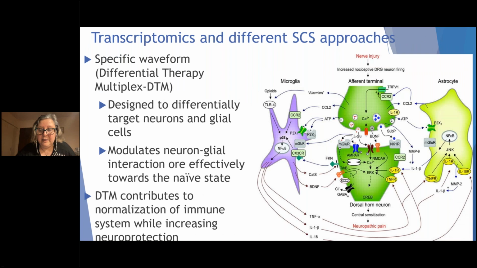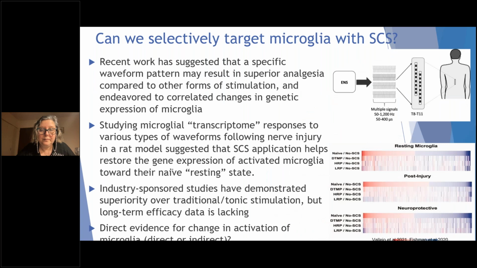The specific waveform used to understand and explain this activation of the glial cells is called differential target multiplexed programming, and it was primarily designed to modulate the neuron-glial interaction towards a naive state, basically normalizing the immune system while creating neuroprotection.